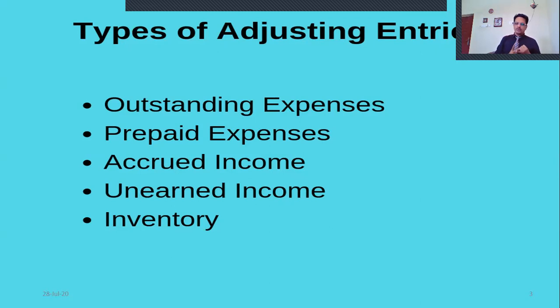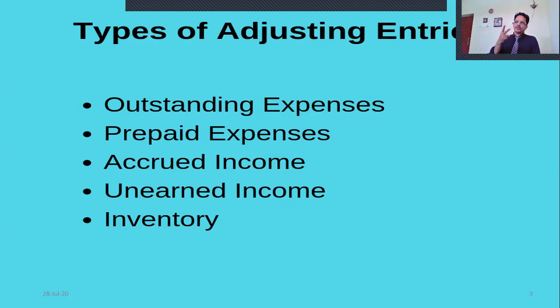So income receivable. Why income receivable debit? Because it is a current asset. Income receivable or accrued income is a current asset. It should be debited, and service income is to be increased, or whatever the revenue, service income, sales revenue, whatever it may be, according to the nature of income you can credit.